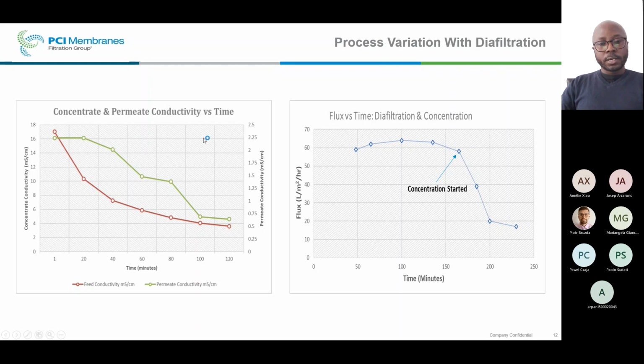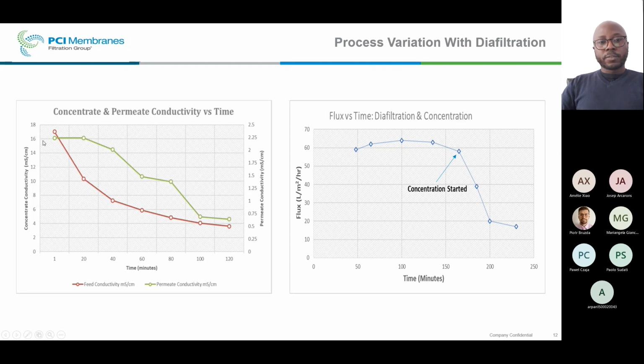Once a certain amount of water is added to the solution, all these impurities and salts are washed out of the solution. So the conductivity decreases over time, which shows that all these components have been removed from the solution.